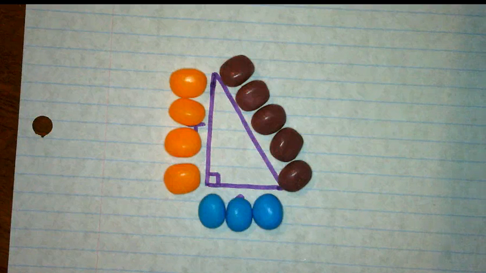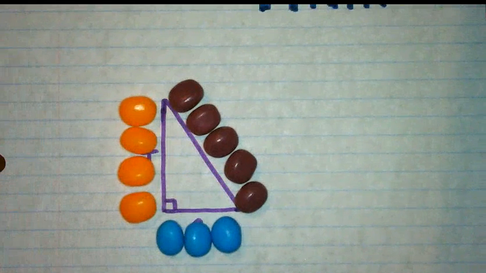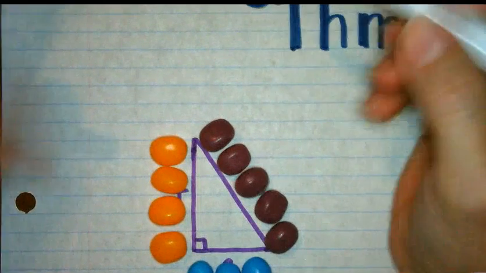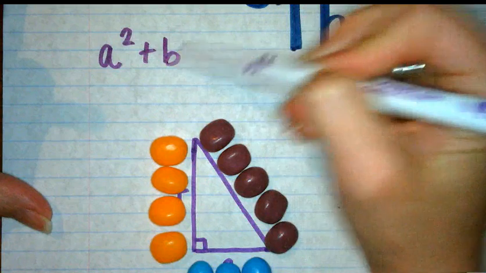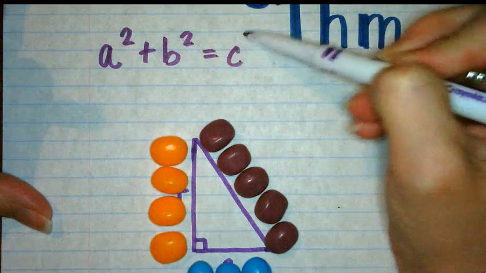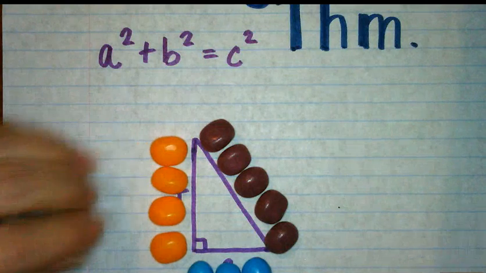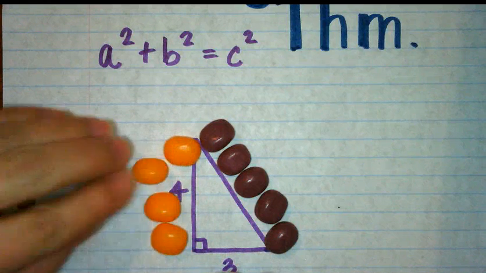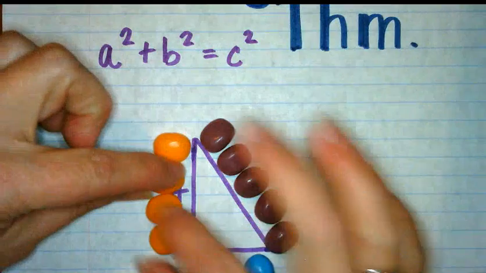All right, I'm going to show you how Pythagorean theorem works. Most of you know that the formula is a squared plus b squared equals c squared. A lot of times people will say a plus b equals c, but as you can see, if I added 3 plus 4, I would get 7, not 5.